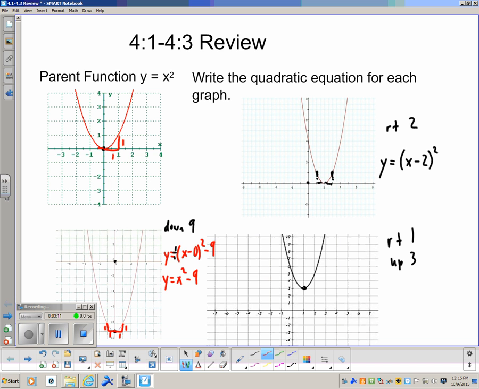Is it going over 1 and up 1? Let's see. So I'm going over 1 and up 2. Over 1 and up 2. So you're going to have that vertical stretch factor of 2.